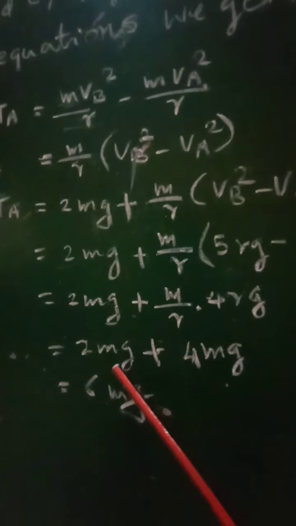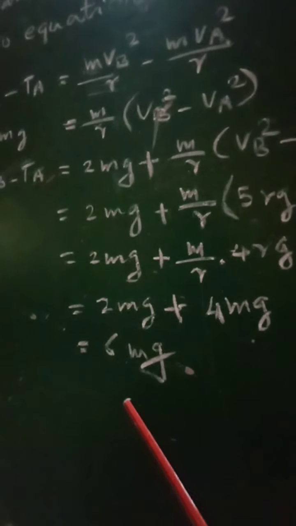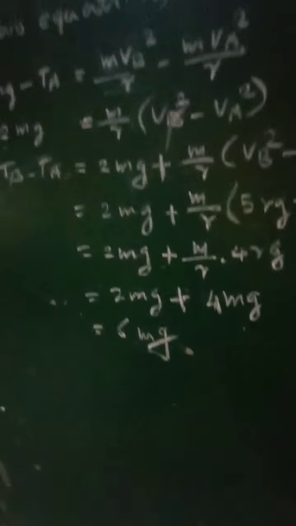That equals 2 mg plus 4 mg, which is nothing but 6 mg, so TB minus TA gives us 6 mg.